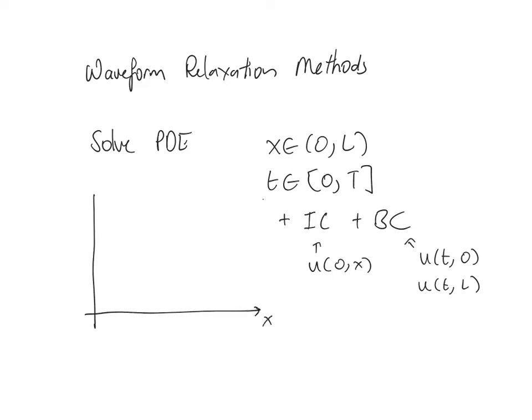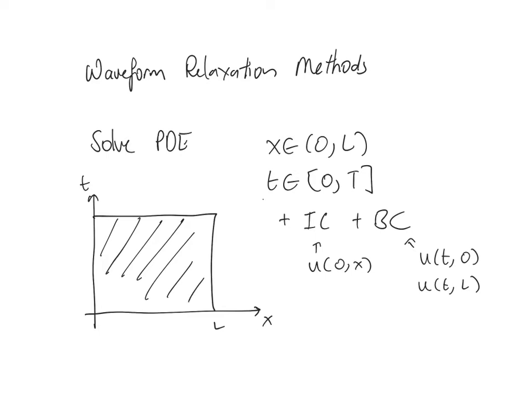And the way we normally like to visualize this is through this diagram. On the x-axis, I'm plotting the spatial variable, and on the y-axis, I'm plotting time. This is my computational domain that I care about.